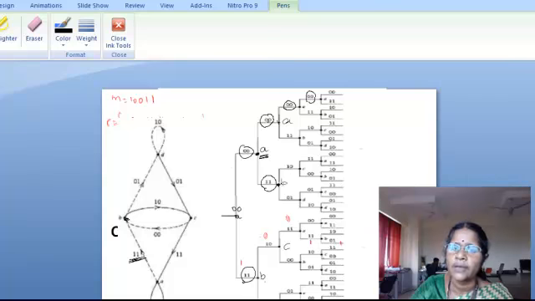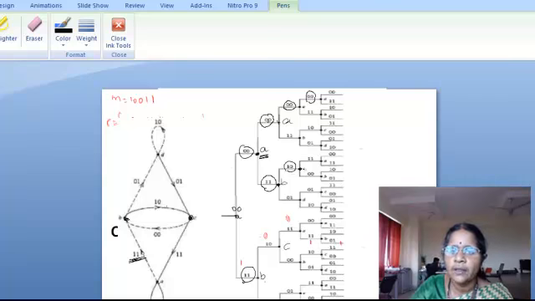To travel up in the tree, you have to take an input of 0. So from here, if an input of 0 is considered, follow the solid line. You will come to state C and the output is 1 0. So you go to state C, producing an output of 1 0.